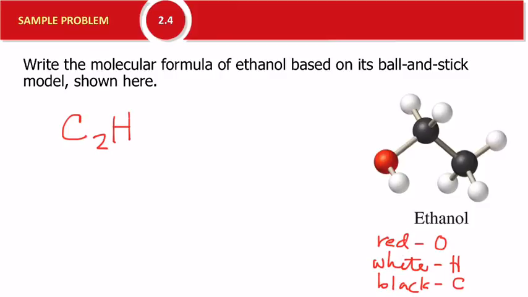How many white balls are in the picture there? 6. So this would be H6, and then there's 1 red one. Red is oxygen, so I just write O, not O1, just O. So that is a molecular formula for ethanol.